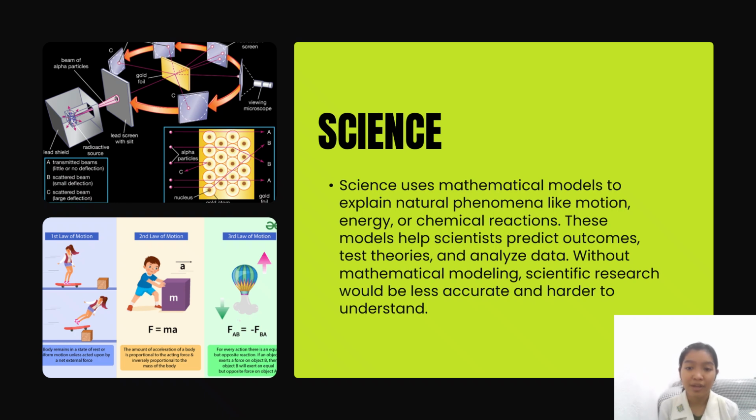Science uses mathematical models to explain natural phenomena like motion, energy, or chemical reactions. These models help scientists predict outcomes, test theories, and analyze data.